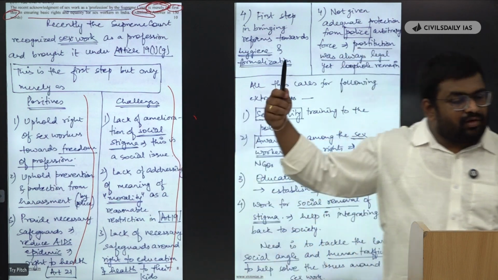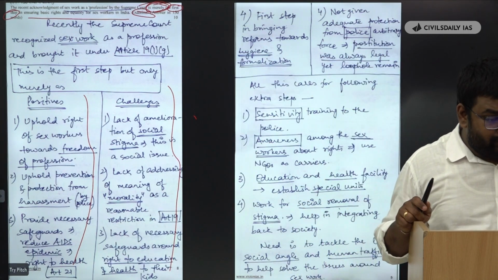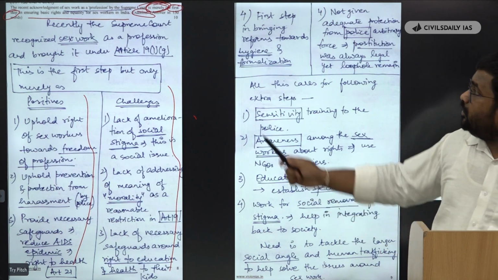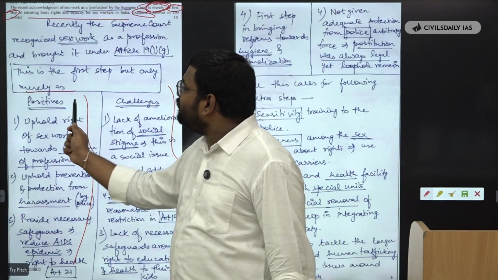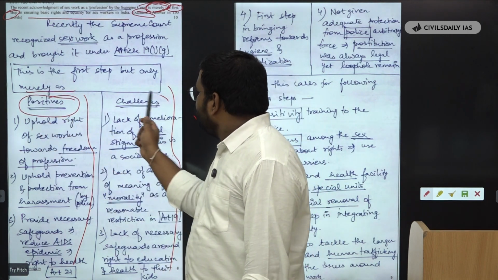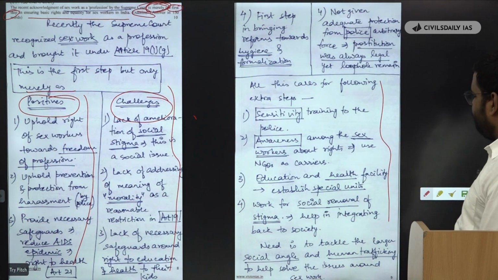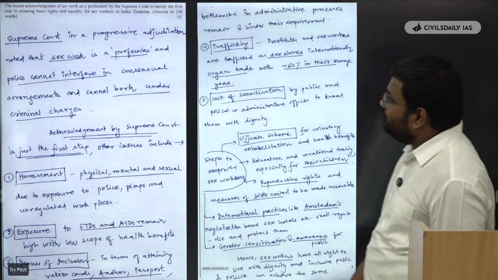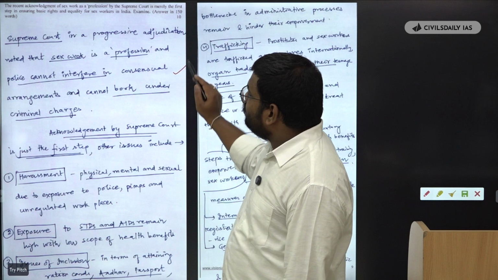ठीक है, एग्जामाइन की जगह कुछ भी हो सकता है, वहां पे डिस्कस भी हो सकता है, तो भी स्ट्रक्चर विल बी सेम. ठीक है, so it is merely a first step. So this is first step, but only merely as the positives of it and the challenges of it. ठीक है, and then way forward. But if you see what Animesh has done in this one is he has not elaborated upon the positives of this.